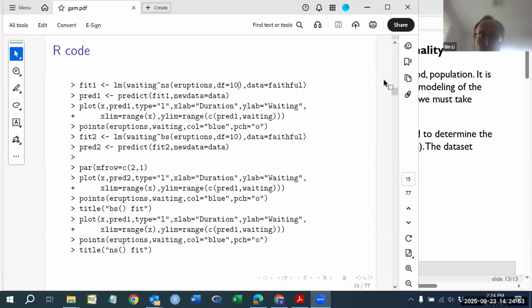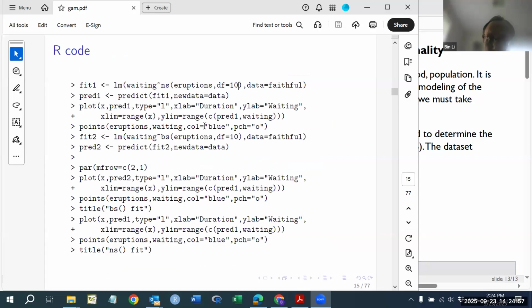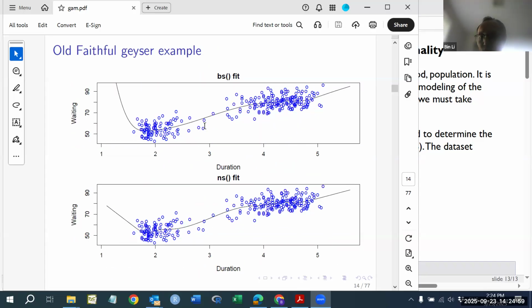Okay, now but still, the natural spline and B-spline still have some problems. Why? Because you can specify the degrees of freedom, and after you specify the degrees of freedom, we place knots based on percentiles, or the user can define the knots. But still, that's subjective.